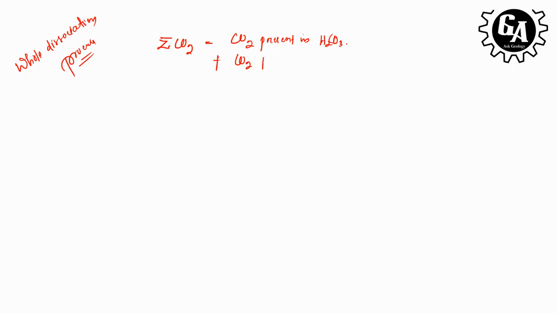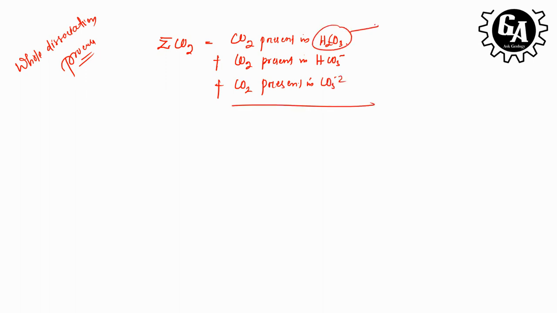Now, can I just write down the summation of carbon dioxide in this whole dissociation process? The summation of carbon dioxide is equal to the carbon dioxide present in H2CO3, plus the carbon dioxide present in HCO3 minus bicarbonate, plus the carbon dioxide present in CO3 minus 2.